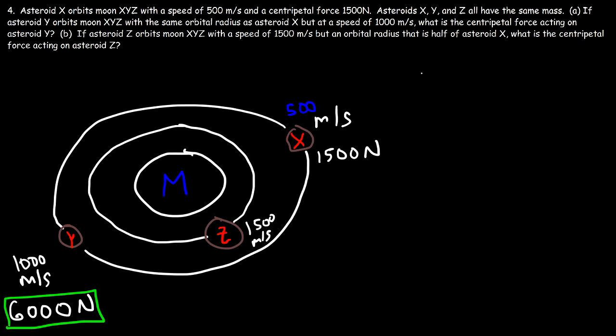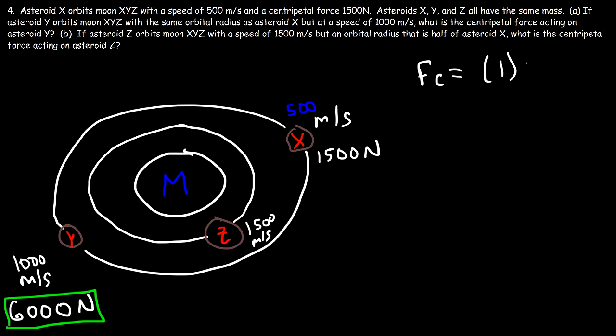So let's think about it conceptually. The speed relative to X increases by a factor of 3. It goes from 500 to 1500, and the radius is 1/2 of its value. So what happens to the centripetal force if we triple the speed and cut the radius in half?